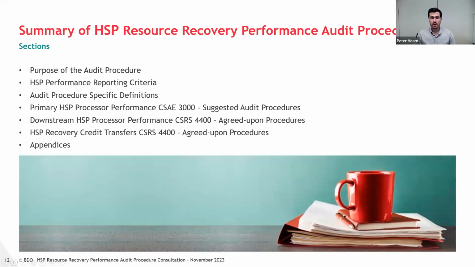So this is a summary of the sections of the procedure document. The resource recovery performance audit procedure specifically applies to producers and PROs who are reporting on a producer's behalf.